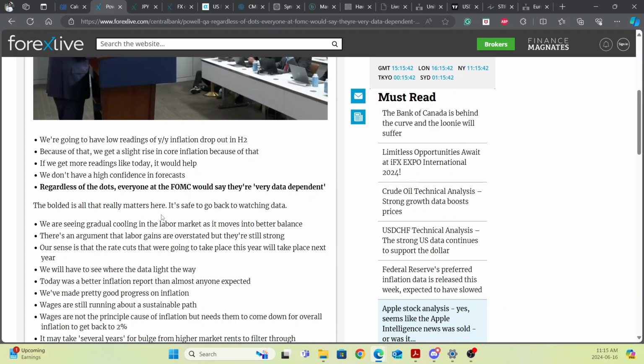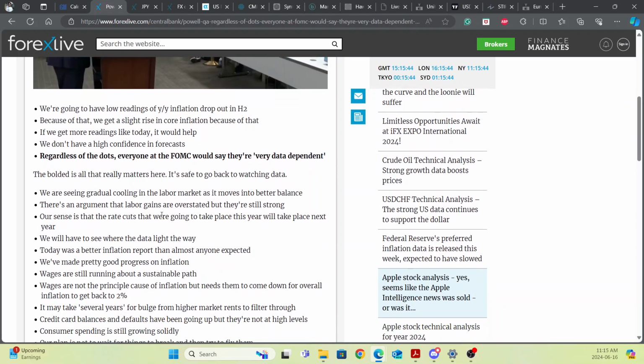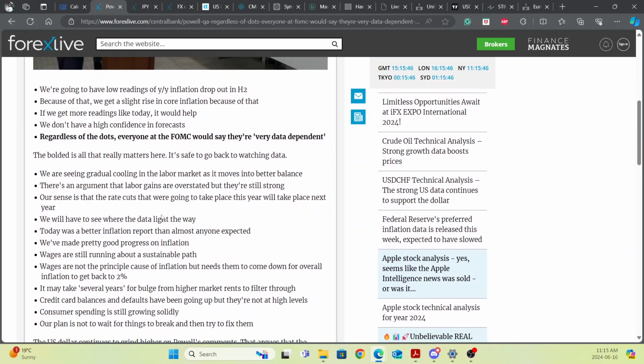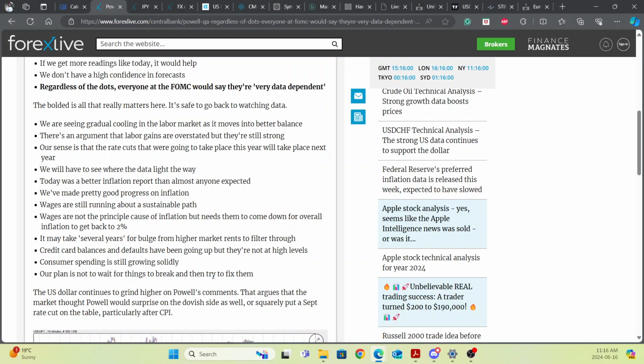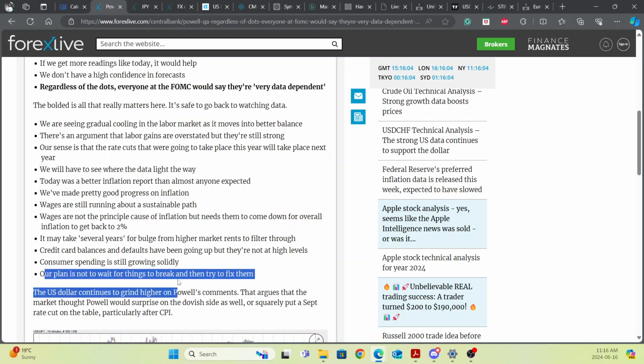So there are some key notes he talked about. Just once, our sense is that the rate cuts that were going to take place this year will take place next year. This is really a hawkish comment from Powell. And our plan is not to wait for things to break and then try to fix them is a dovish comment.